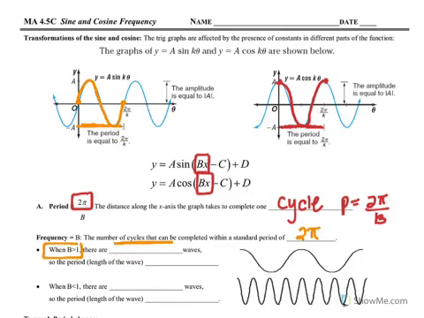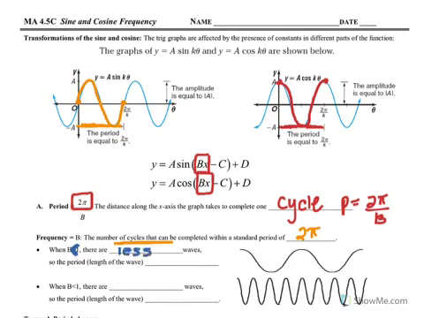So let's change this into when b is less than 1. Okay, when b is less than 1, there are going to be less waves.